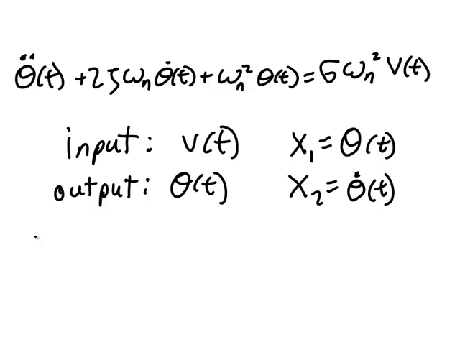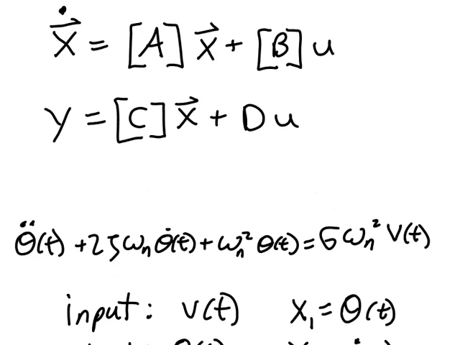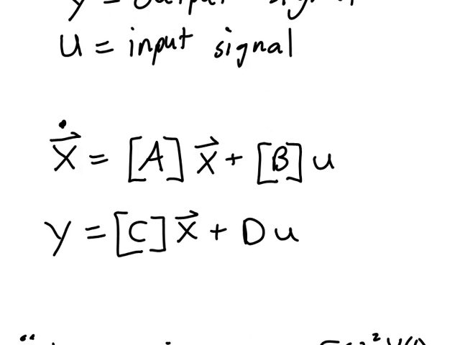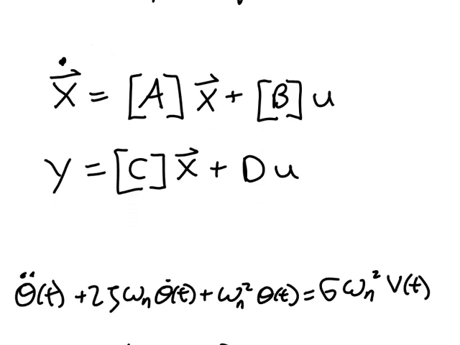The first state equation, if I scroll back up here, remember, is the derivative of the state vector is equal to some matrix A times the state vector plus some matrix B times the input U. Let's write that for our state vector.